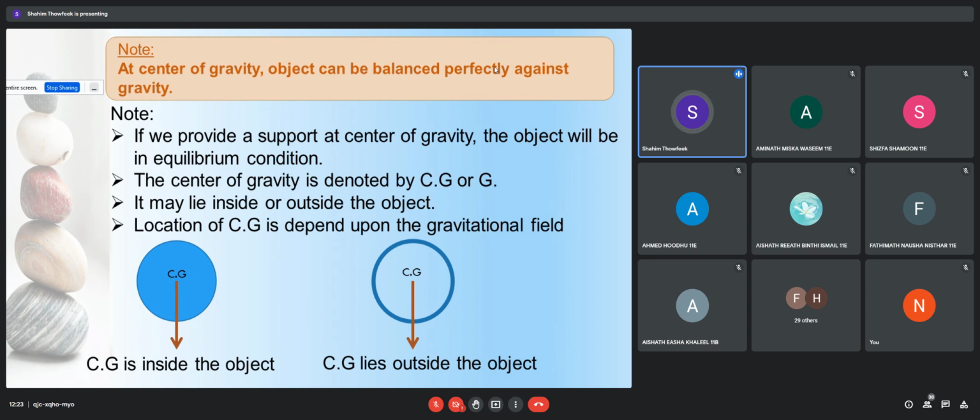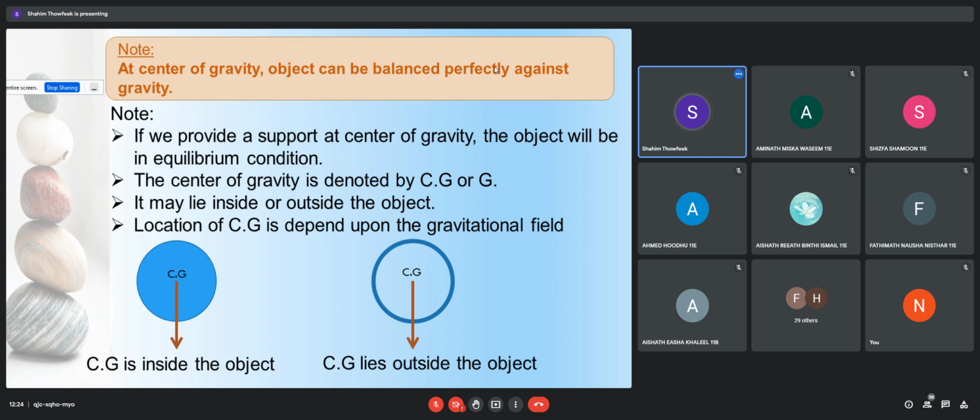Okay. The location of the center of gravity depends upon the gravitational field, and this is the most important part when you are differentiating center of mass and center of gravity. Here, the location of the center of gravity depends upon the gravitational field.